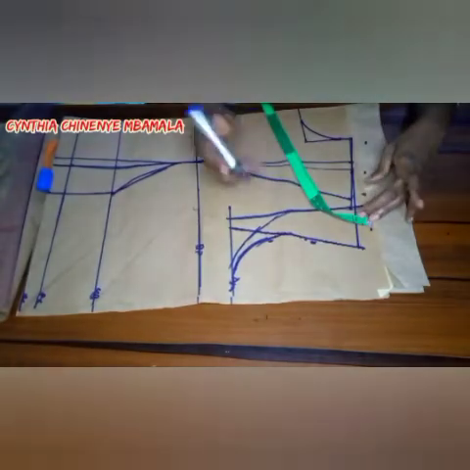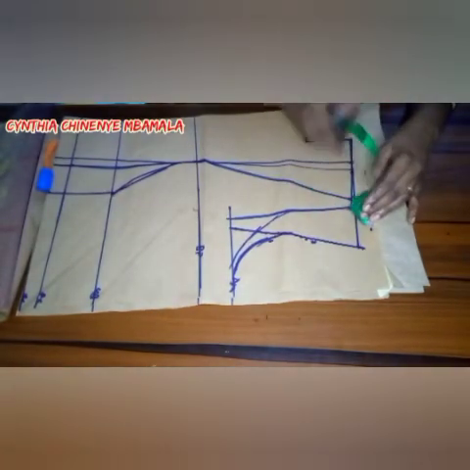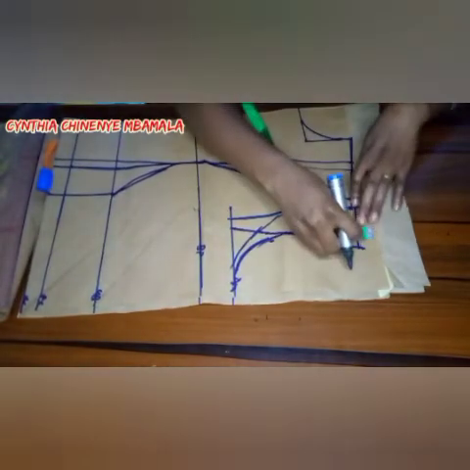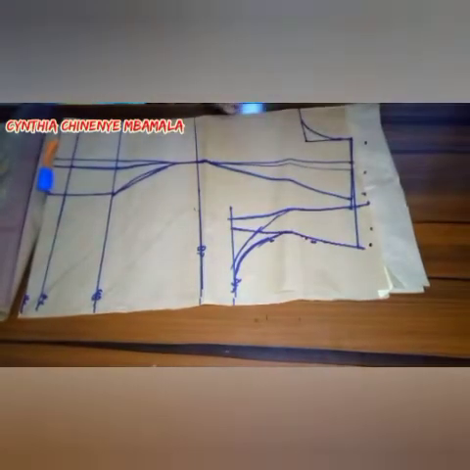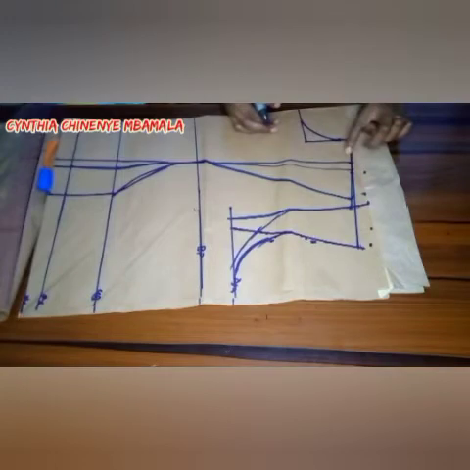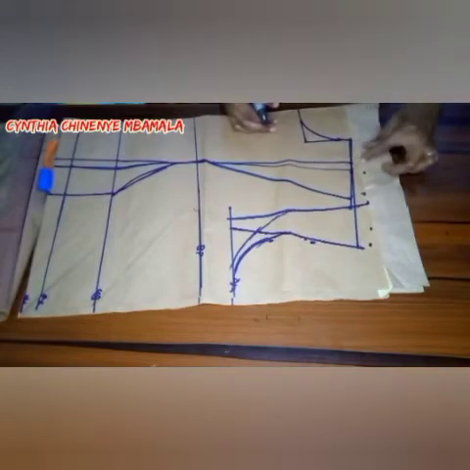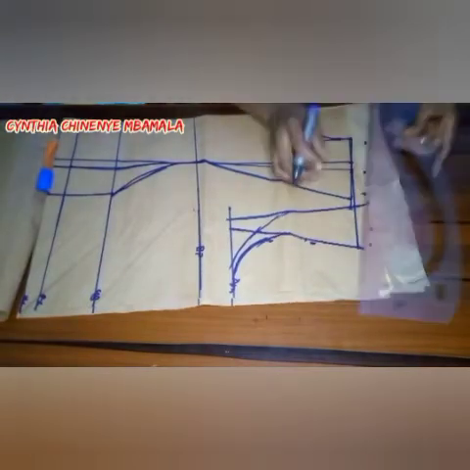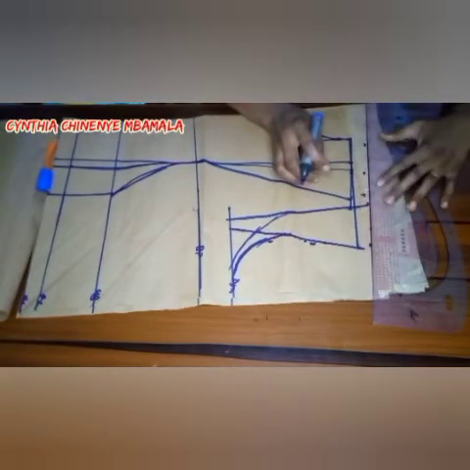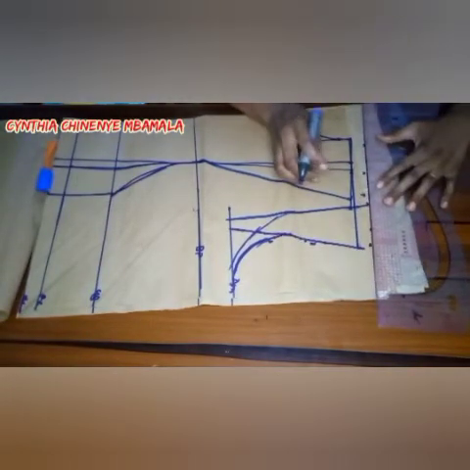So by the time you finish joining, you discover that one is longer than the other. So that's why we are doing this, especially on this area. This place will be shorter while here is longer. So we usually add this up. So I'll just connect it.